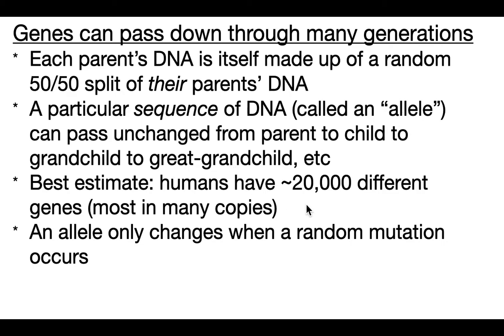Now, our best estimate is that humans have about 20,000 different genes. And a gene is a particular segment of your DNA that does a particular thing. So, for example, I'll refer to the BRCA1 gene.